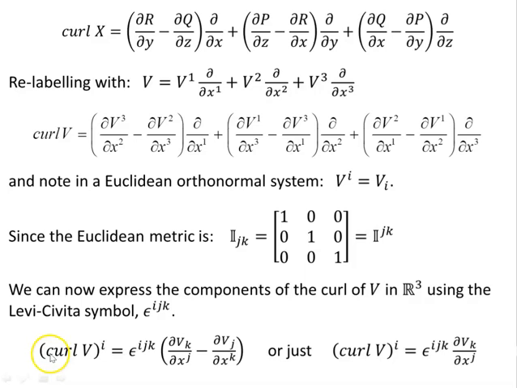So the ith component of the curl of the vector V is epsilon ijk times this object here, because these contravariant components are identical to the covariant ones in Euclidean space.